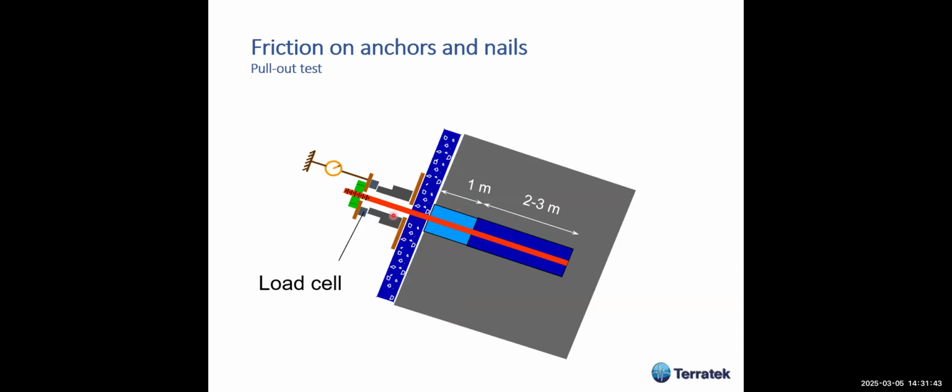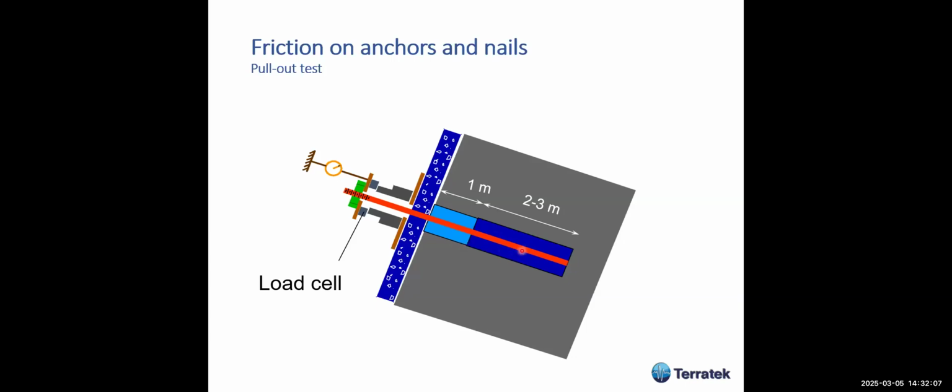You have a hydraulic jack, a load cell, and you measure displacement as well. Usually you have 1 meter free length, and then a bonded length of 2 to 3 meters. You can't go longer than that, because otherwise you're going to have a failure of the steel.